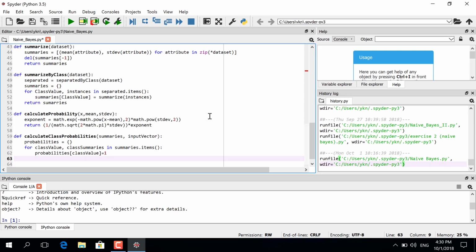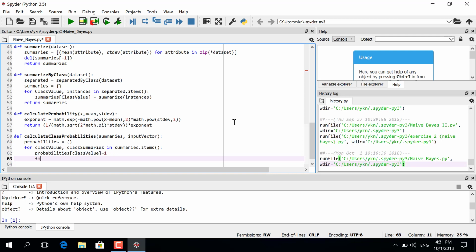And then we have to find the mean and standard deviation for each class. So here for y equal to +1 and y equal to -1.